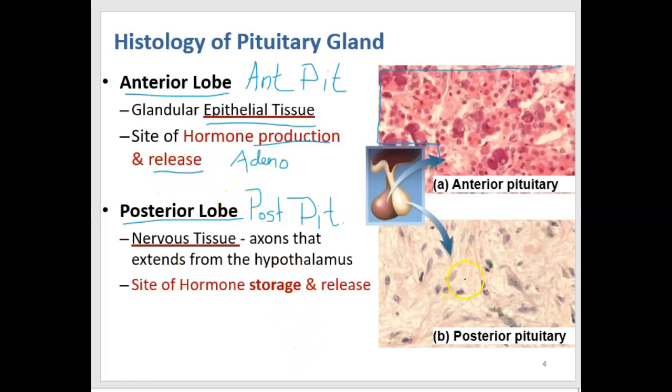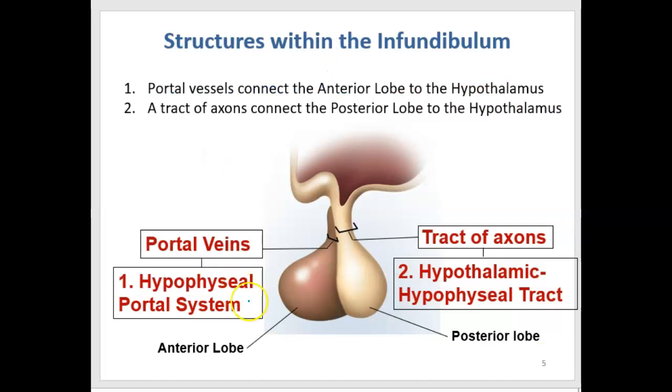The posterior lobe of the pituitary is really nervous tissue. It's the ends of axons that came from the hypothalamus. And so this is really not where hormones are made. It's the site where the hormones are stored in axon terminals, and then they will be released from those axon terminals, just like a neurotransmitter is released.